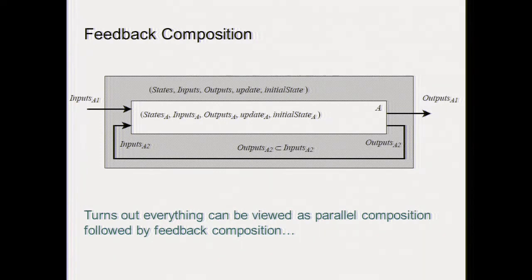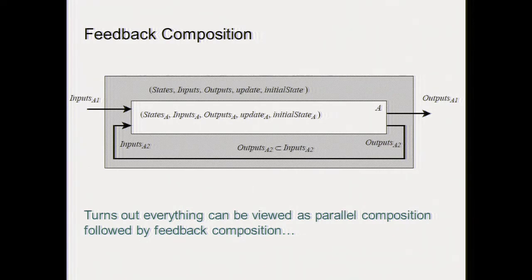Now, the problem with the Mealy machine is that the relationship between the output and the input is instantaneous. So there is no delay. And so anything in a feedback loop where there is no delay, you may or may not have a solution. And if you have a solution, you may have more than one. Shocks. Right? That's bad news.